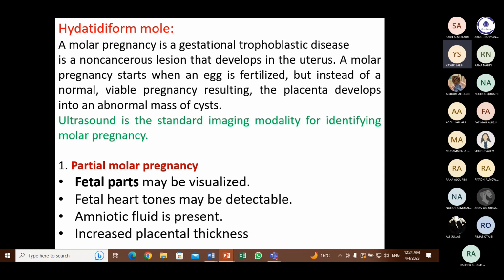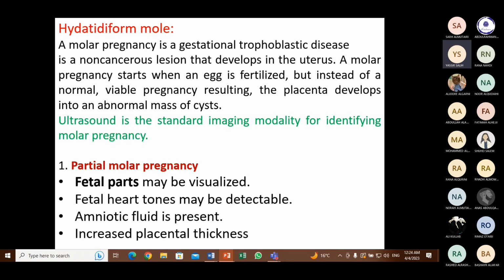Fertilization of the ovum occurs, but instead of continuing as a pregnancy, the placenta develops while the intrauterine pregnancy does not develop, and the placenta forms with multiple cysts. The patient is expected to have amenorrhea as if pregnant, so you have to do ultrasound.